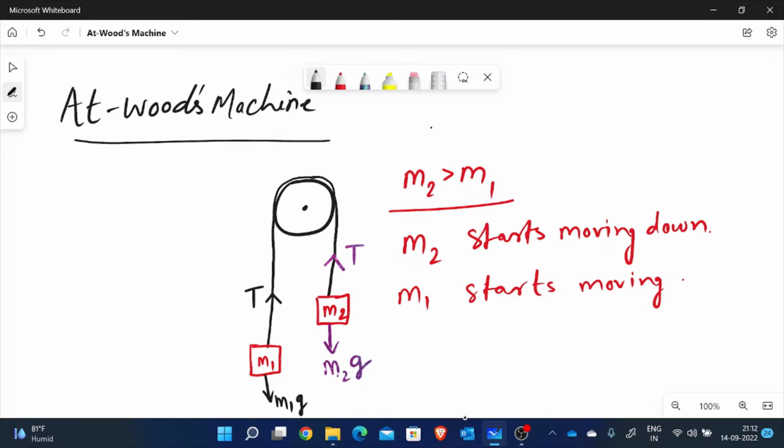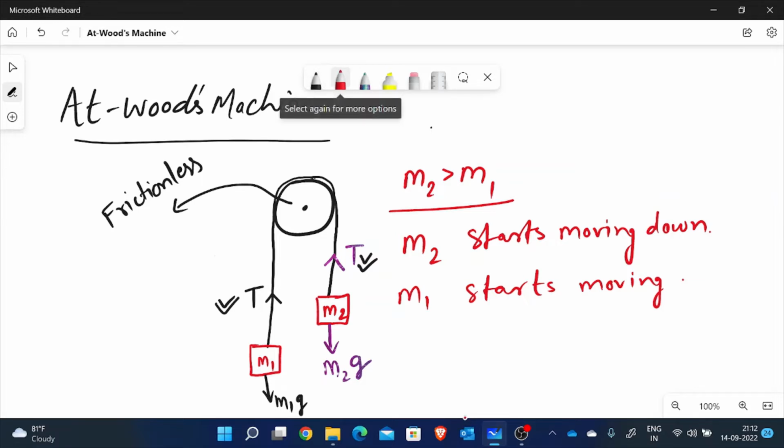The tension towards the left side is equal to the tension towards the right side because the string is the same, and here we are considering the pulley is frictionless. So there is no consideration of friction in this situation. Now to solve this Atwood machine problem further, what we need to visualize is the acceleration of the two masses.